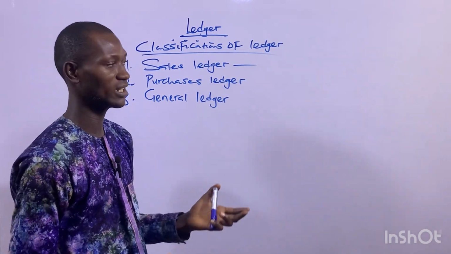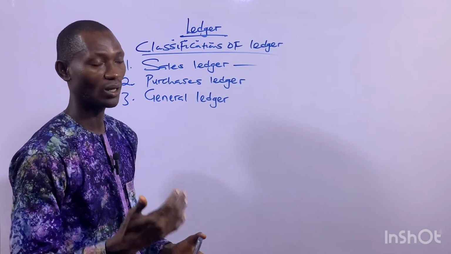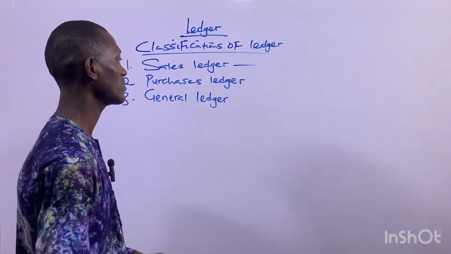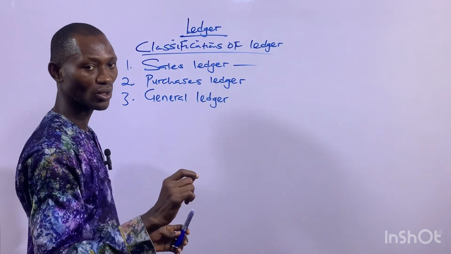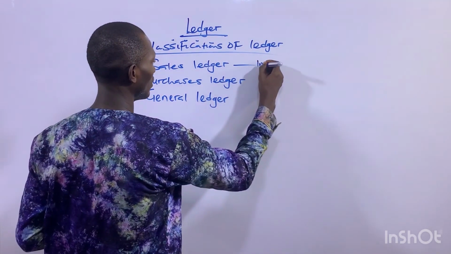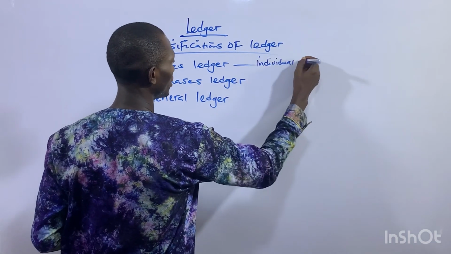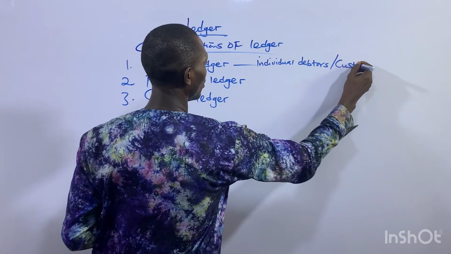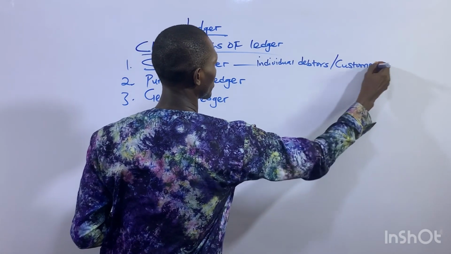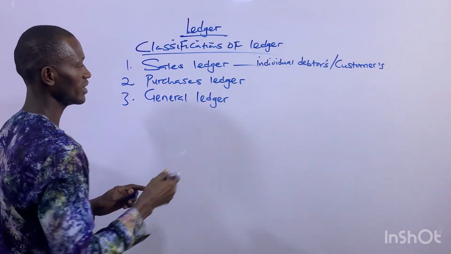And don't forget, a debtor could be a person, that's an individual or a business organization. So it contains the individual debtors account, just one individual debtors account or customers accounts.